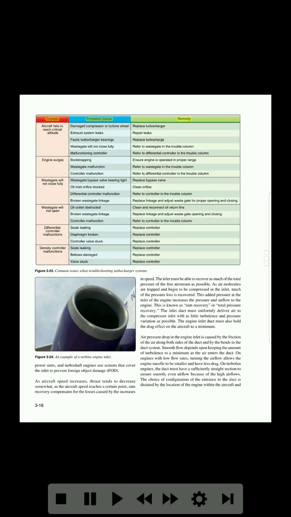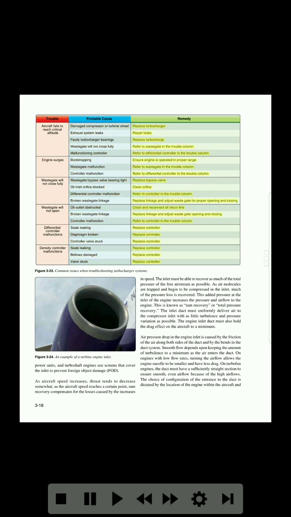Trouble: aircraft fails to reach critical altitude; engine surges. Probable causes: wastegate will not close fully; wastegate will not open; differential controller malfunctions; density controller malfunctions; damaged compressor or turbine wheel; exhaust system leaks; faulty turbocharger bearings; malfunctioning controller; bootstrapping; wastegate bypass valve; bearing tight; oil inlet orifice blocked; broken wastegate linkage; oil outlet obstructed; seals leaking; diaphragm broken; controller valve stuck; bellows damaged.